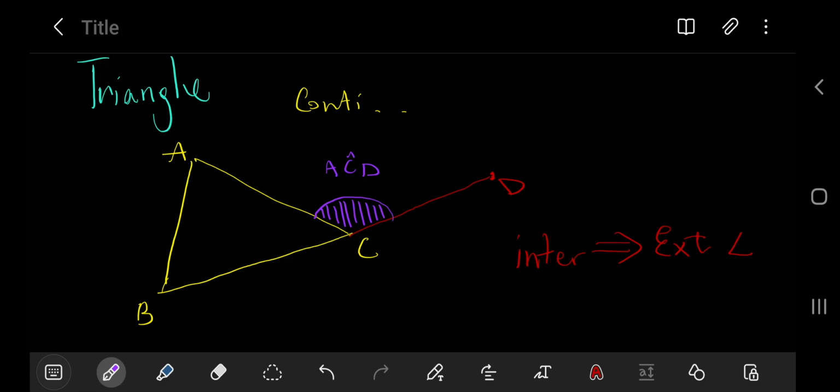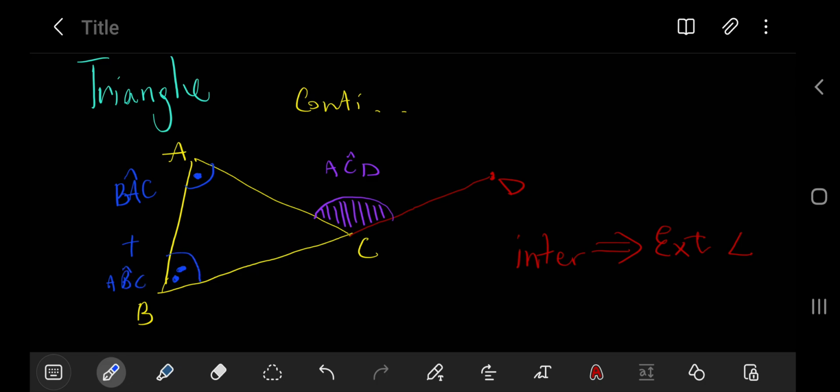And this exterior angle must be equal to the sum of the opposite interior angles. So it will be that angle plus that angle down there. Okay, so it means angle ACD is equal to angle BAC, which is that angle, plus angle ABC, which is angle down there.